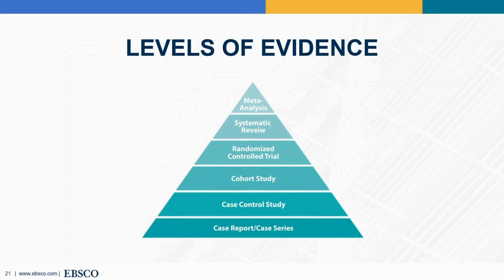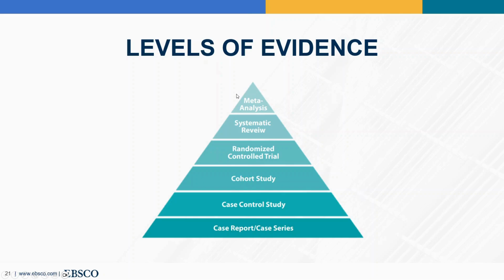If we look at this hierarchy, we can see that the strongest evidence is meta-analysis, followed by systematic review, randomized controlled trial, cohort study, case control study, and case report or case series. And by looking at this pyramid, it will help you determine the strength of the evidence.